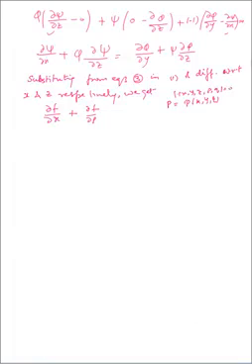So del f upon del x plus del f upon del p del phi upon del x, because phi is a function of x, plus del f upon del q del psi upon del x, because the other is psi(x,y,z), is equal to 0.